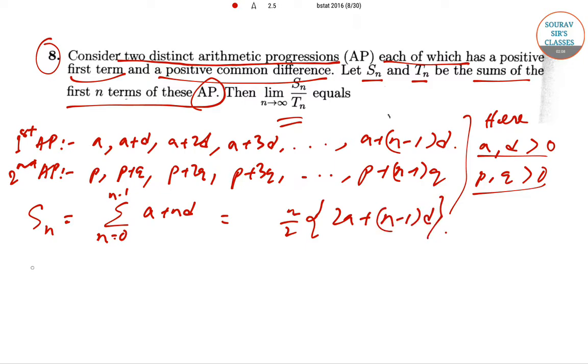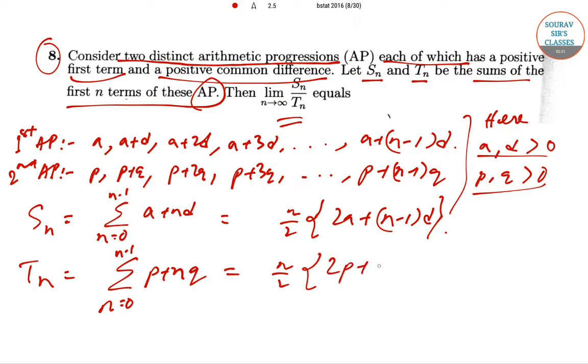This is the Sn. And now Tn will be equal to the summation of p plus nq, where n goes from 0 to n minus 1, and this will be equal to n by 2 into (2p plus (n minus 1)q).